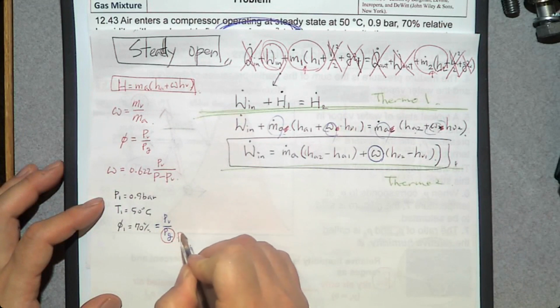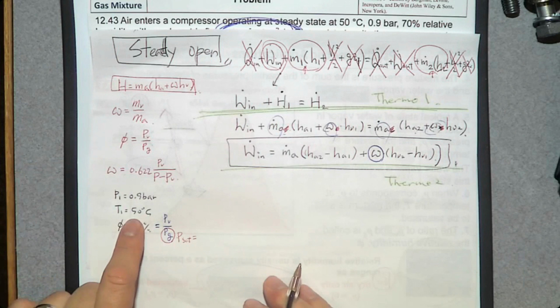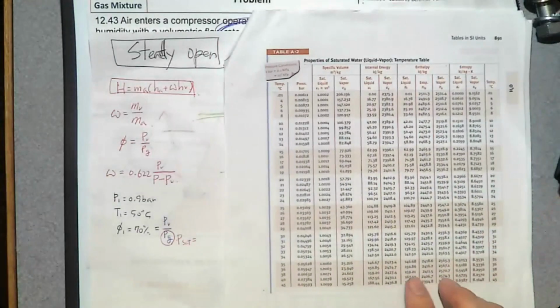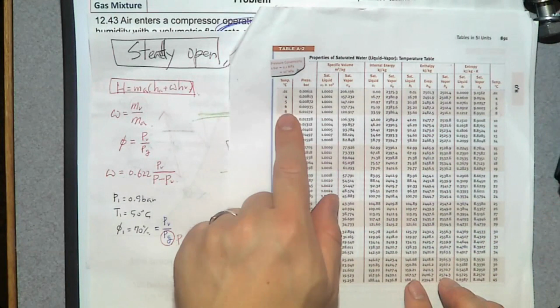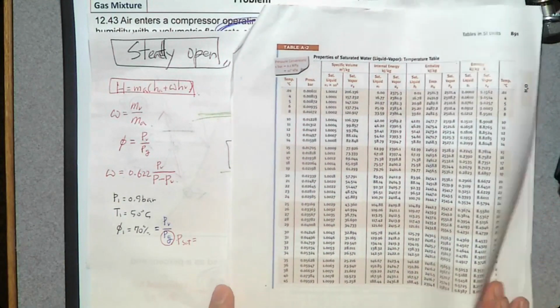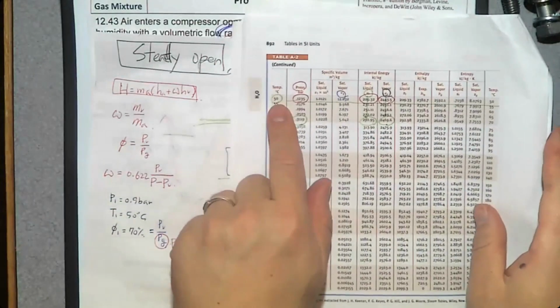So PG is P sat at what condition? At 50. So let's find P sat at 50. Where's my steam table? Let's find 50. The last one here is 45, so let's go to the next page. Oh, there's a 50.